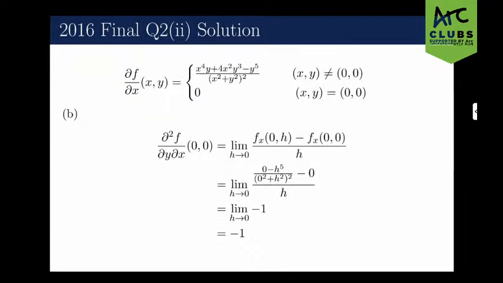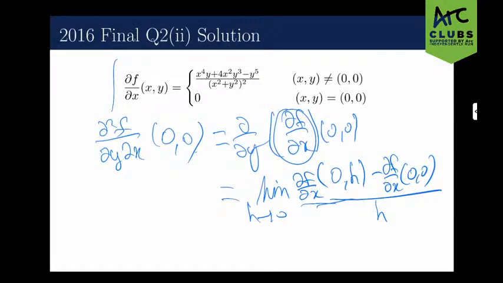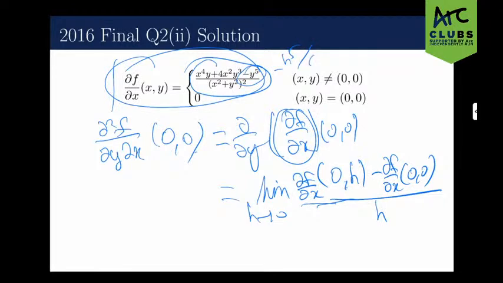So this is our expression, I can sub in 0, h, because this is not 0, 0, right? We're only taking the limits. This is 0, h, so I can sub it into this expression. X is 0, everything becomes 0 except this term. So I have negative h to the 5 divided by 0 plus h squared, which is negative h. Something must be wrong.